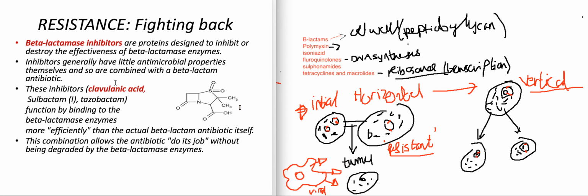So it says here how modern medicine has evolved is by a process where they've tried to fight back resistance. So beta-lactamase inhibitors are proteins designed to inhibit and destroy the effectiveness of beta-lactamase enzymes. Inhibitors generally have little antimicrobial properties themselves, and so are combined with the beta-lactam antibiotic.